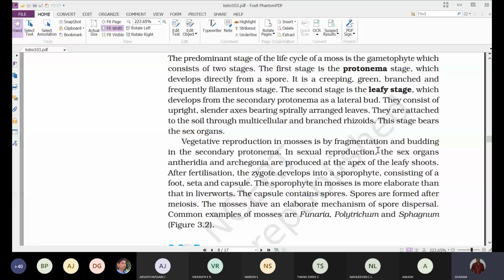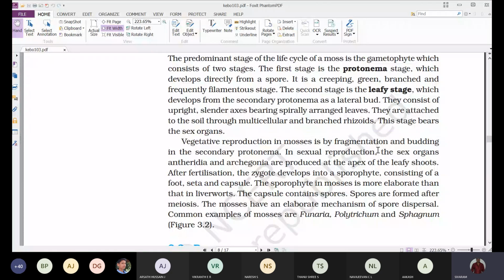The primary protonema looks like a liverwort. That is, it is a leafy structure that grows horizontally above the soil. From this primary protonema, the secondary protonema will be developed.